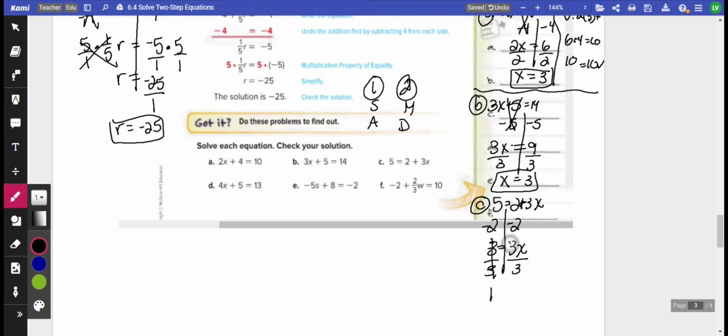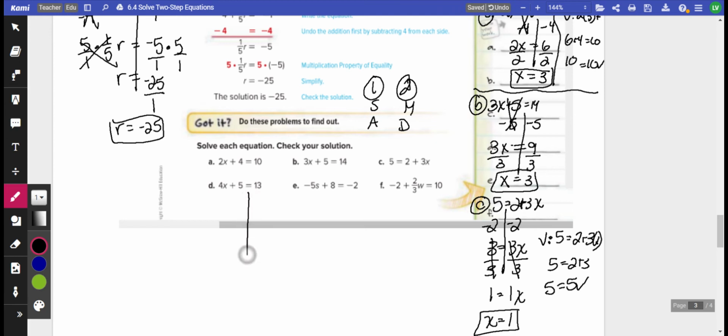Left side is 1, right side is 1x, so x equals 1. So when we do our check, 5 equals 2 plus 3 times 1, 2 plus 3, which equals 5. 5 equals 5, check yes.